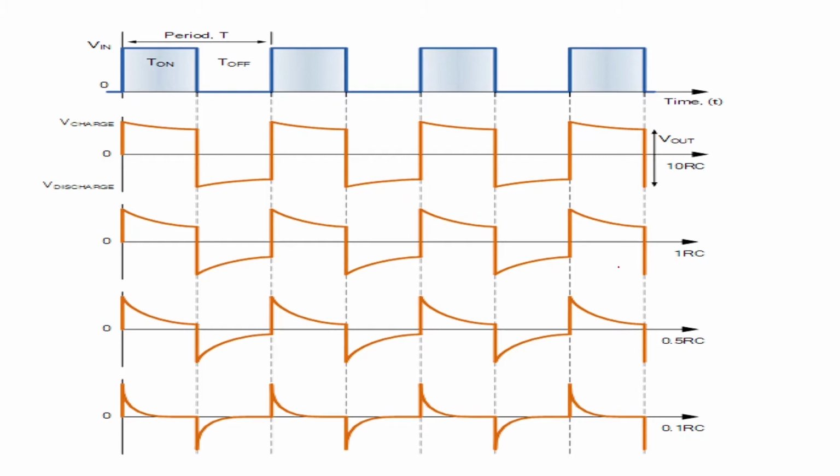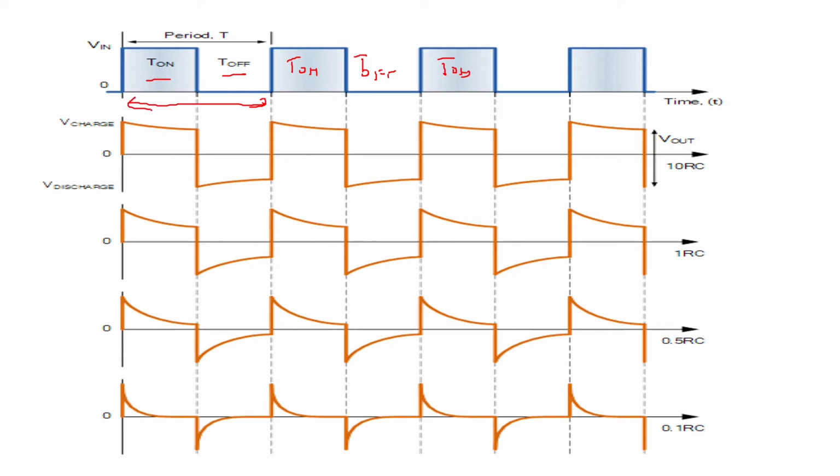Now here you can see the different outputs. The input we have shown in blue on top, which is T on, T off. This is your input, again T on, again T off, again T on. This is the time period.